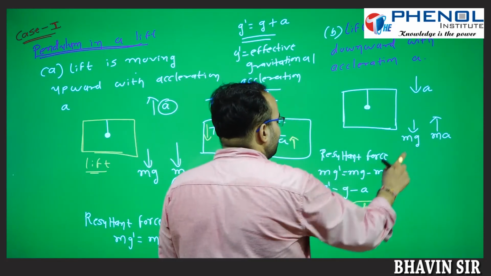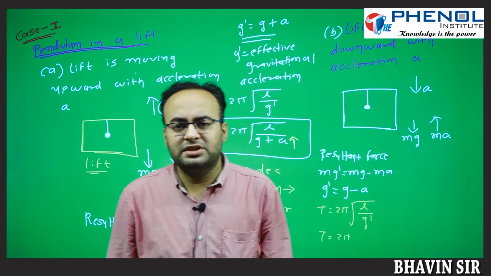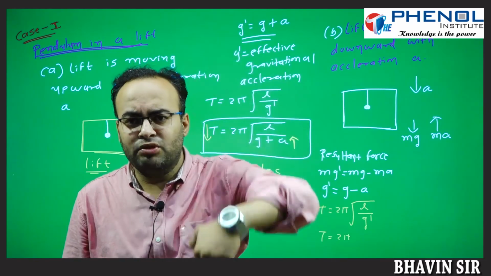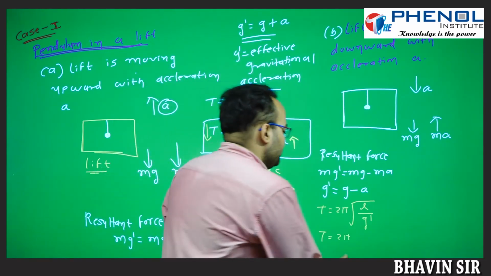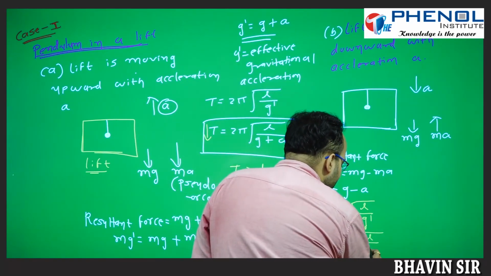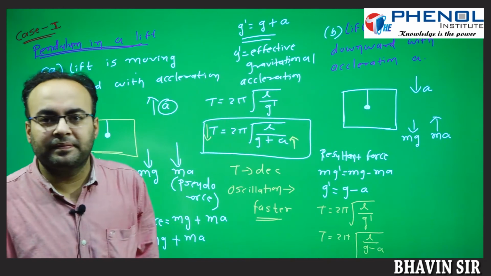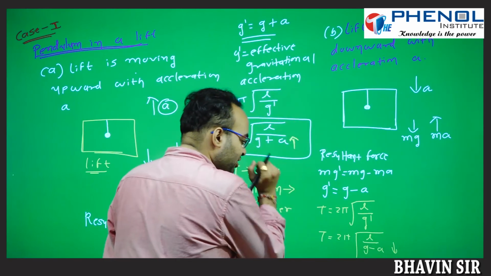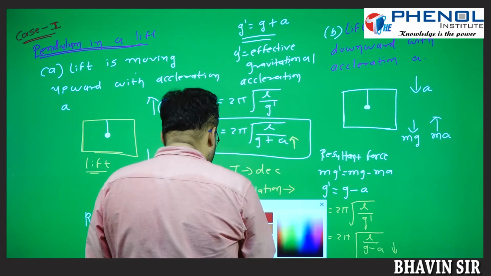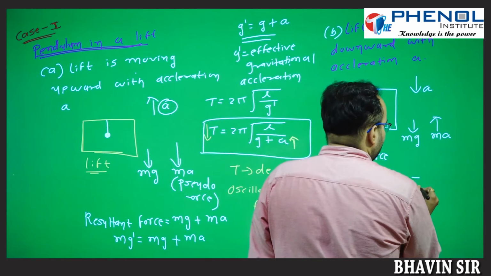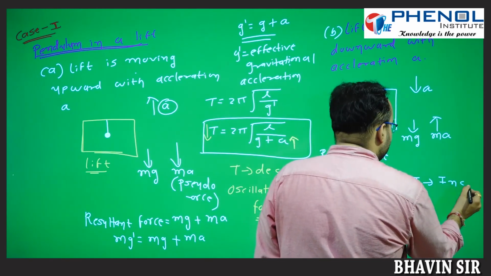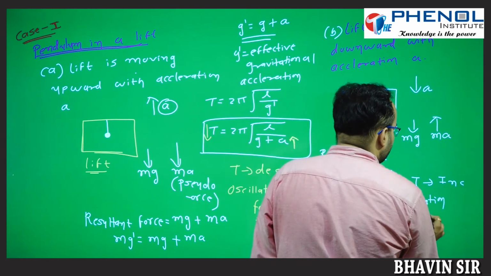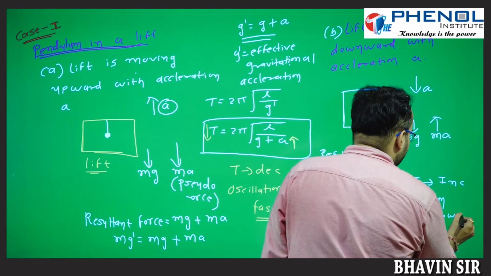Both are minus because the pseudo force and mg are in opposite directions. So what is our answer? g minus a. So see students, the denominator decreases, so the time period increased. Time period increased means oscillation becomes slower.